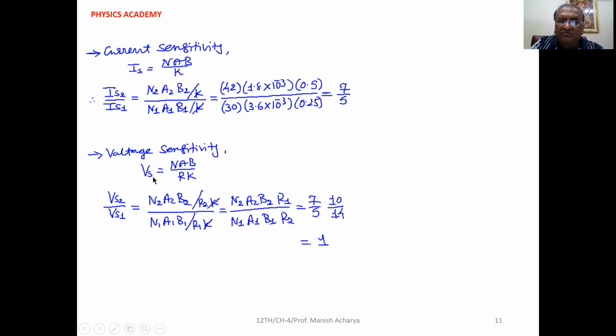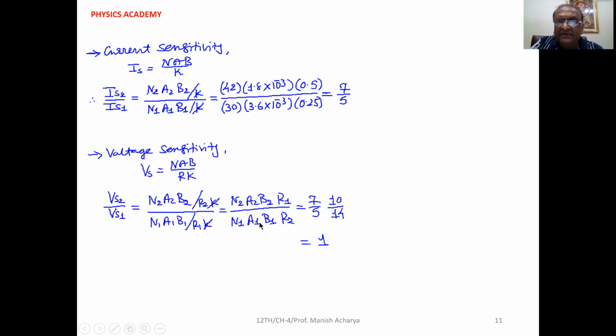So equation of voltage sensitivity, that is NAB upon RK. R, that is the resistance. So voltage sensitivity of second one upon voltage sensitivity of first one equal to N2A2B2 upon R2K divided by N1A1B1 upon R1K.